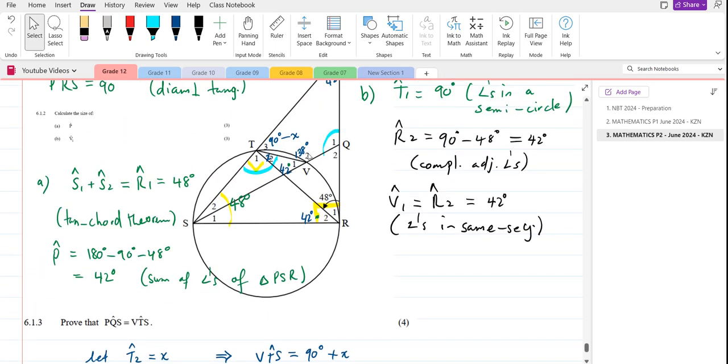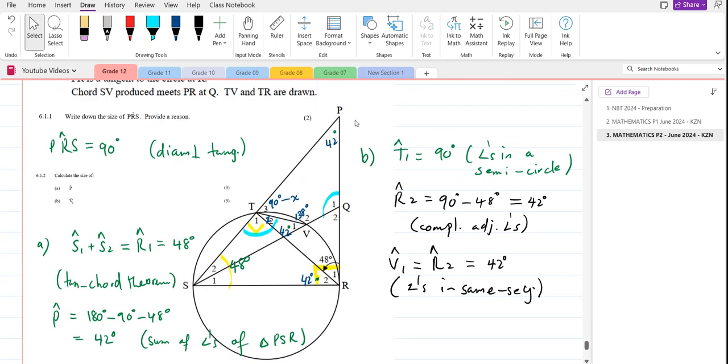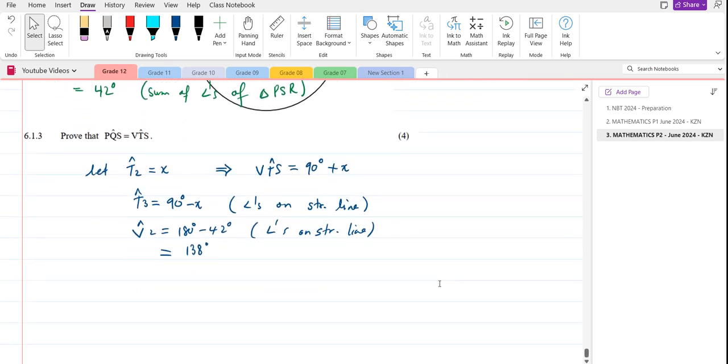What's 138 plus 42? You can say that this is a cyclic quad, okay, we don't need to prove that it's a cyclic quad. We can just say angle Q1 is equal to minus all these angles. So angle Q1, sum of angles of quadrilateral, which is the same thing as saying PQS, is equal to 360 minus 138 minus (90 minus x) minus 42.